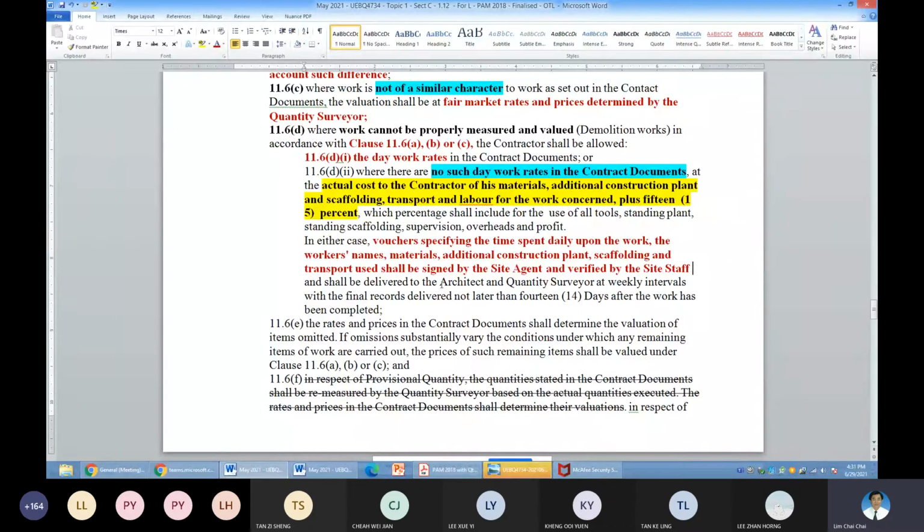If not, you send it back to the site for correction if you think there is something not correct. You never do it unilaterally. I repeat, you don't do it unilaterally. You don't have the authority to do such a thing. Clear? All these need to be delivered to the architect and the QS at weekly interval.